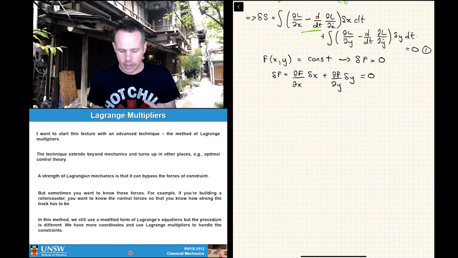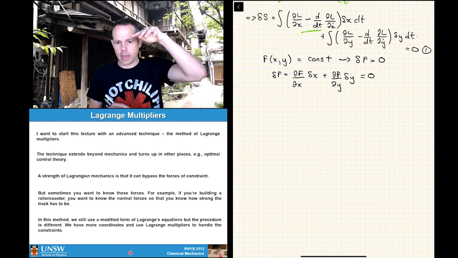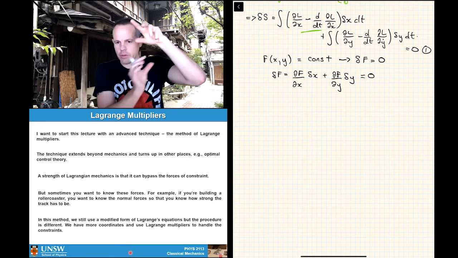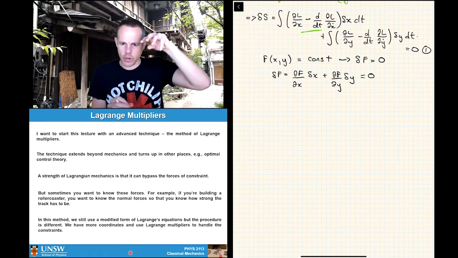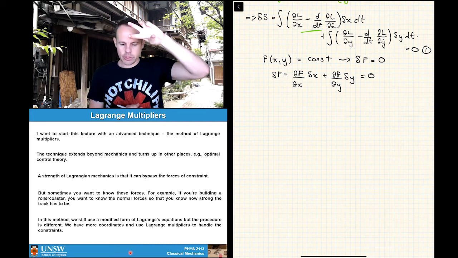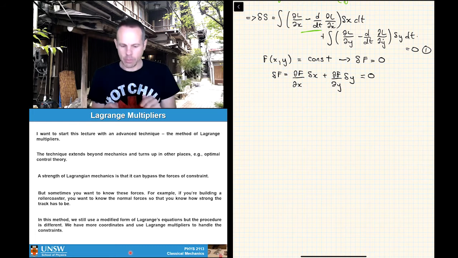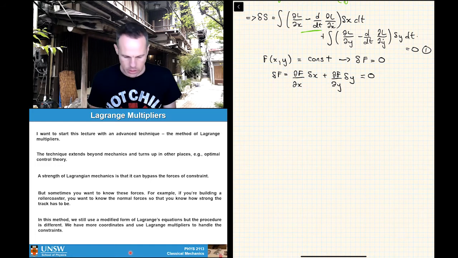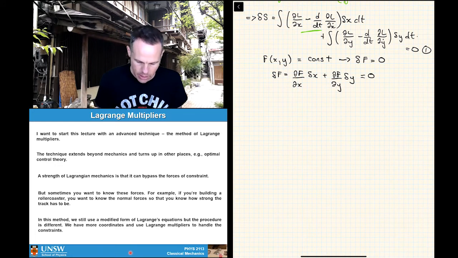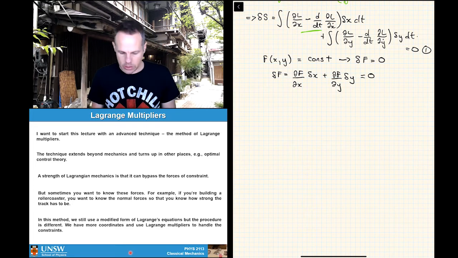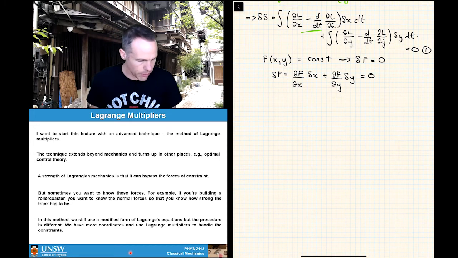So all I've done here is, instead of saying my action has to be 0 and these two terms have to turn out to be 0 and pop out Euler-Lagrange equations, I've said I'm going to stop here for a second. I'm going to have a look at something that my constraint equation will give me. Because my constraint equation says that some function of x and y is a constant, I know that thing can't change, and I can build a little function out of this.